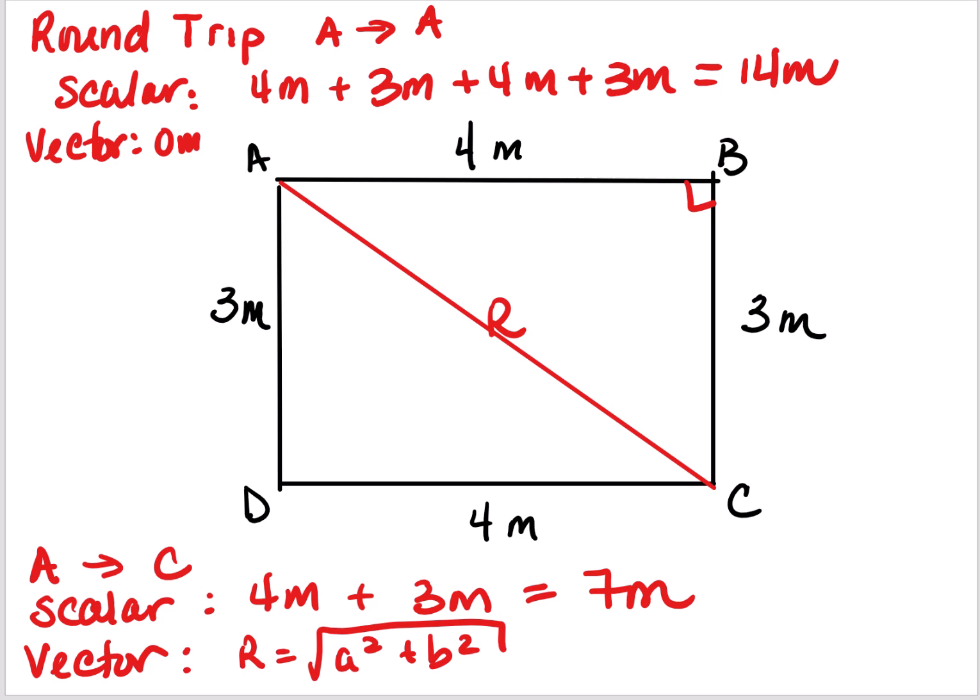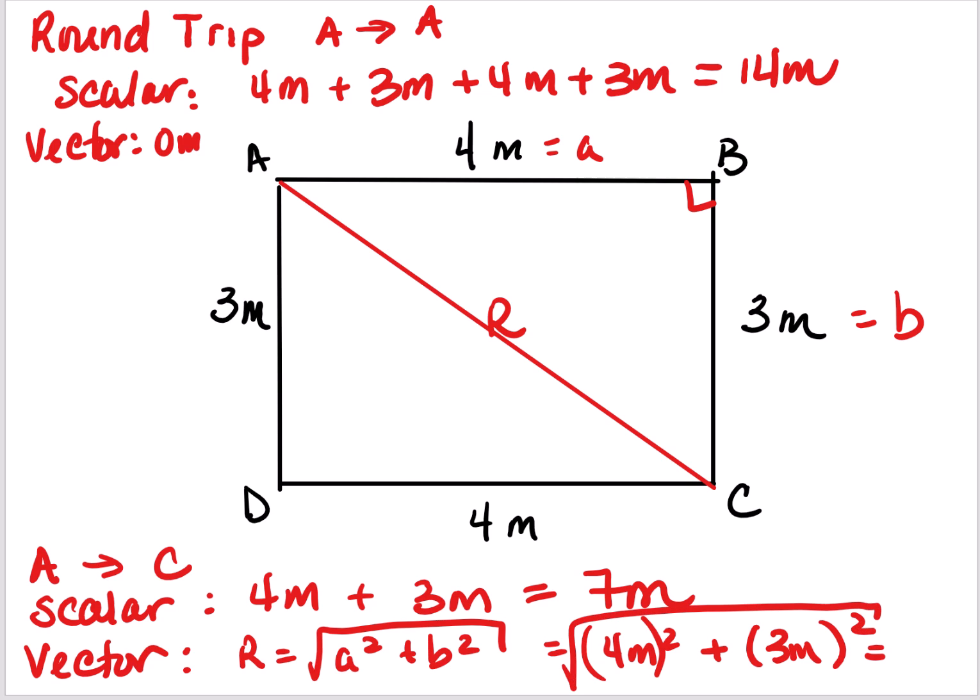If we say 4 is A and 3 is B, this becomes the square root of 4 meters squared plus 3 meters squared, which equals 5 meters. Since a vector also has direction, we must give a direction. An example of this could be southeast or from A to C.